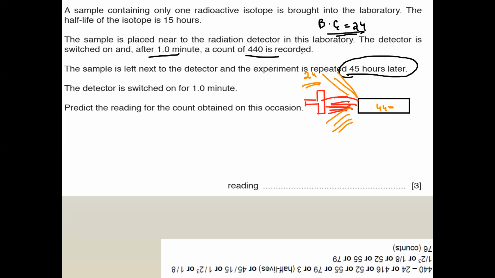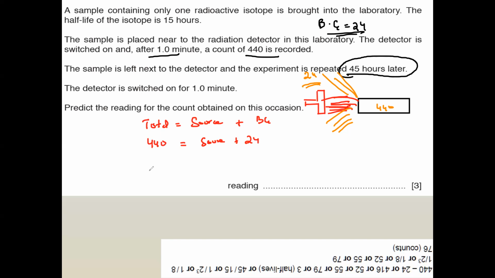So how much is coming from the source? The total reading is equal to the source reading plus the surrounding, or we can say background. The total reading on the detector is 440, the source reading we don't know, and the background radiation is 24.